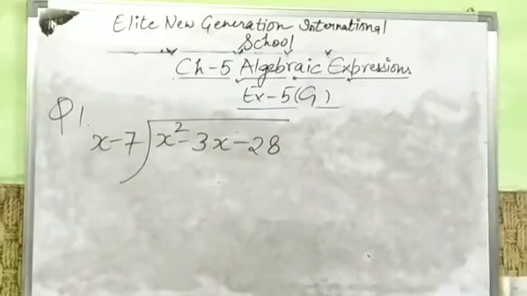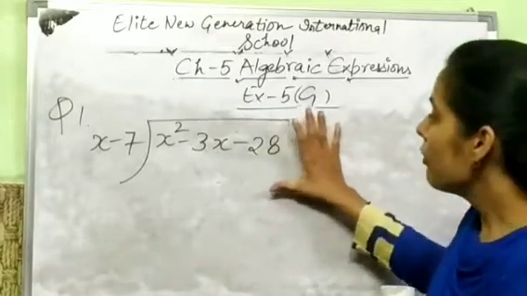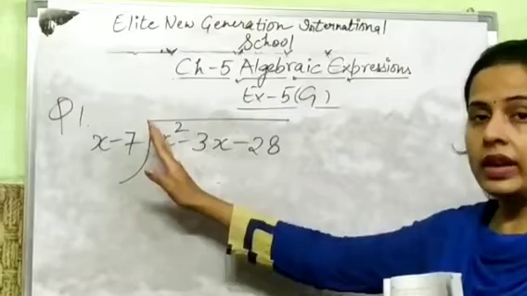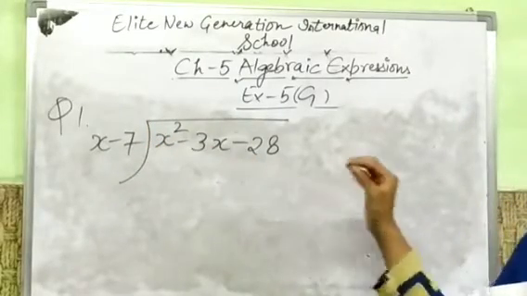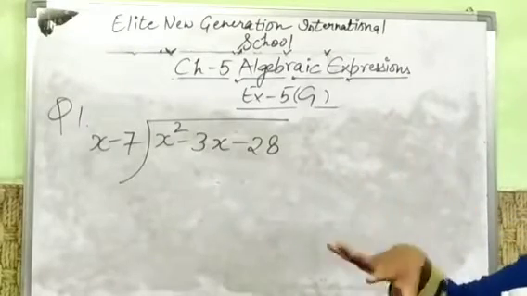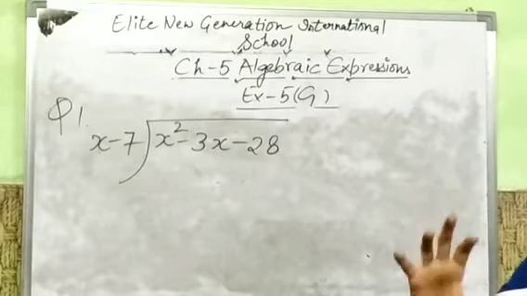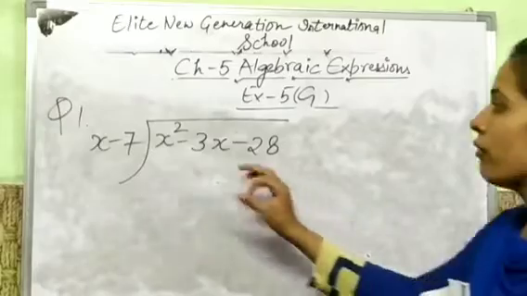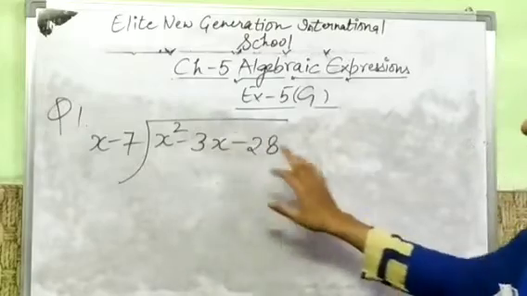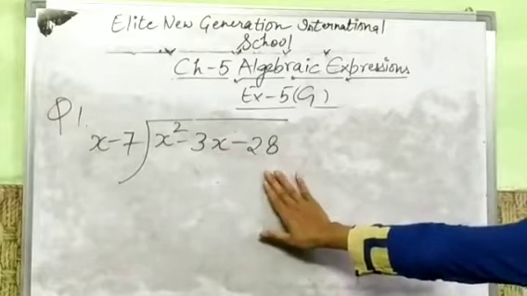But how can we divide now? The first step is that if, in case, this 3x is written before this x square, we have to first write all these polynomials in standard form, which means in descending power of x. Whenever the question is given in some other order, such as ascending order of x, first of all arrange everything in descending order of x. This question is already written in descending order of x: x to the power 2, which is highest, then x, and then the constant.